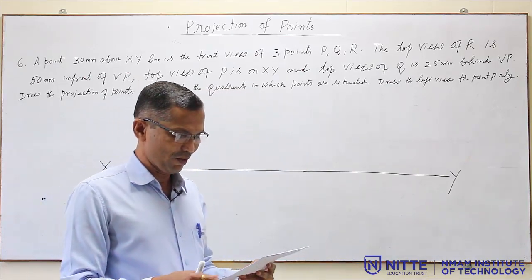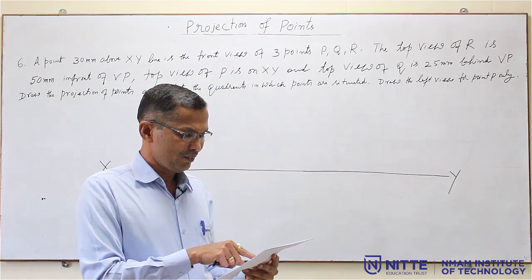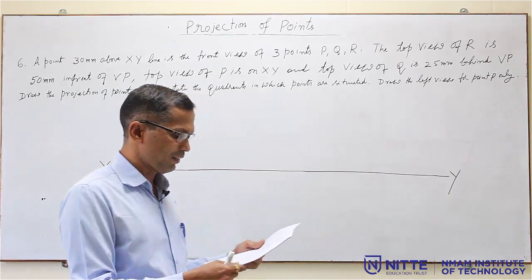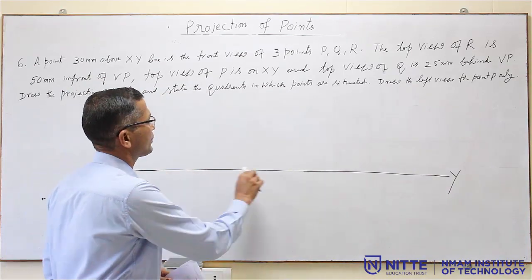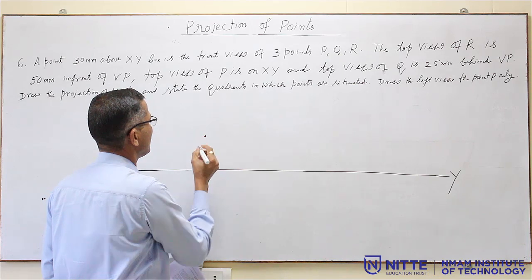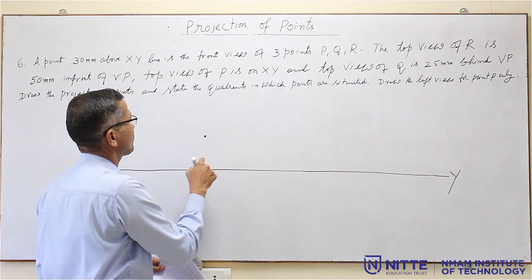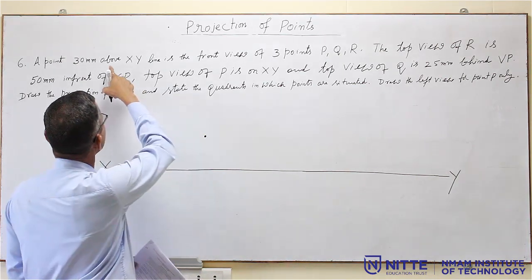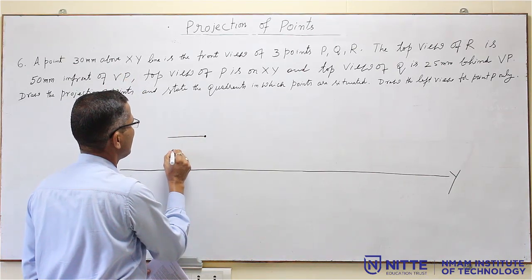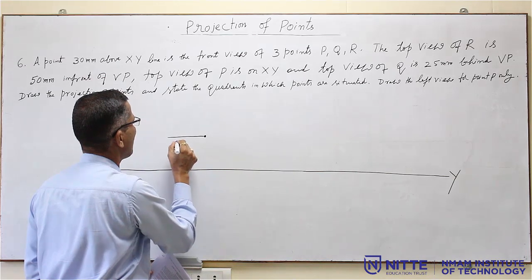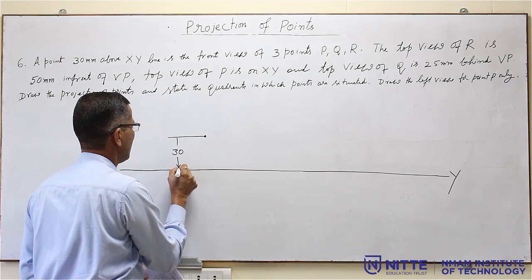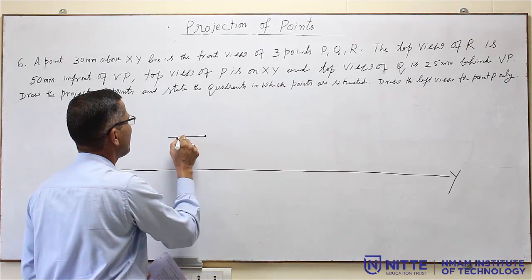Now, we will see here one by one. There are 3 points, a point 30 mm above xy line, so this is the xy line. So, there is a point here. What is this distance? From xy line it is 30 mm. So, I will draw a point here 30 mm above the xy line. Then what is the name of this point?